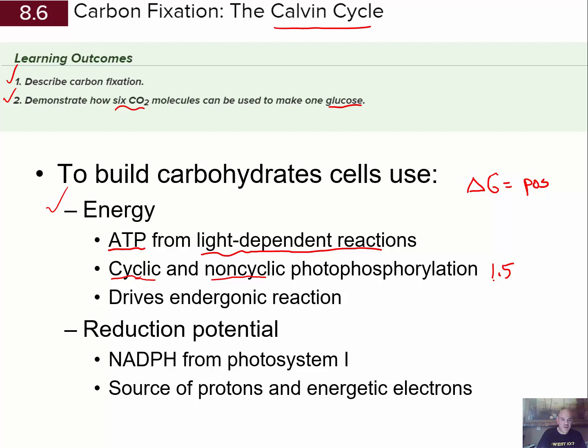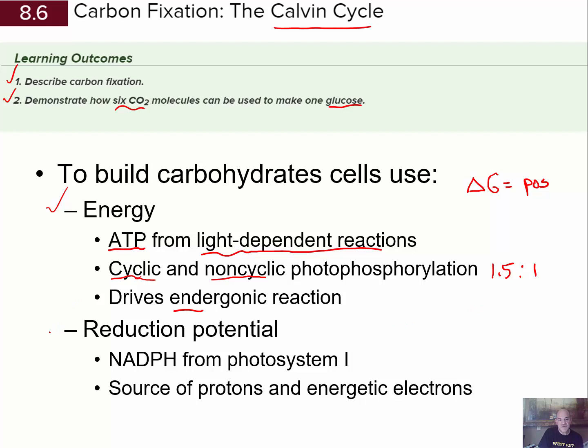If we didn't short circuit and we just had non-cyclic, we would be generating a 1-to-1 ratio of ATP to NADPH, so it wouldn't be enough ATP to drive those endergonic reactions that are needed. We'll see this in the cycle in a bit, and I'll bring it up again. So we need 1.5 ATPs for every 1 NADPH.